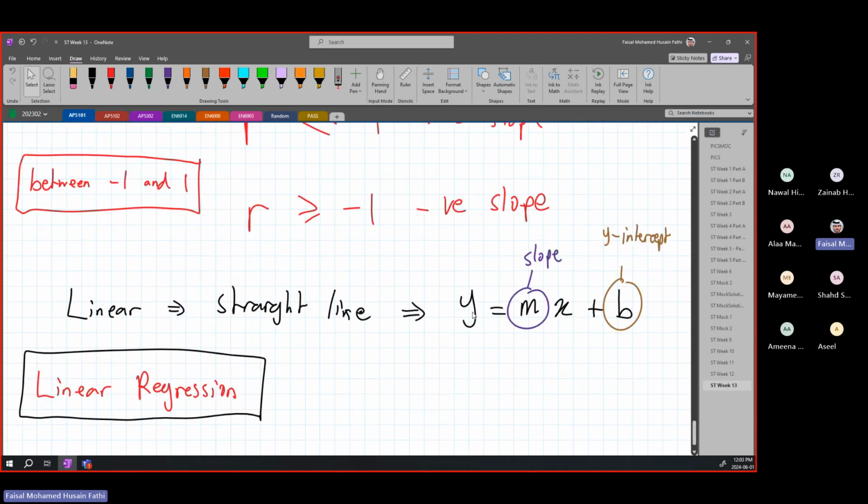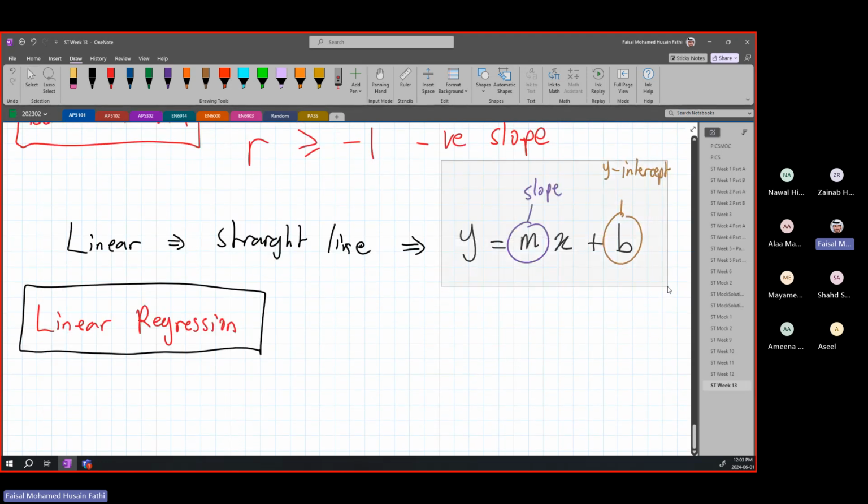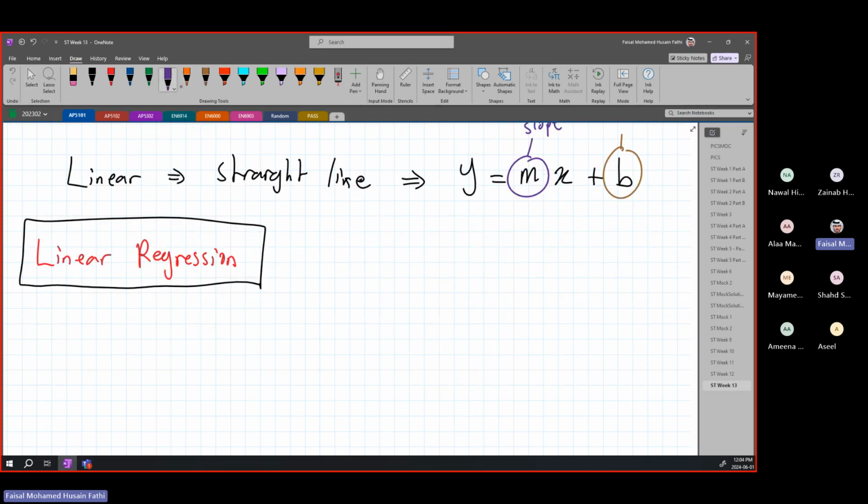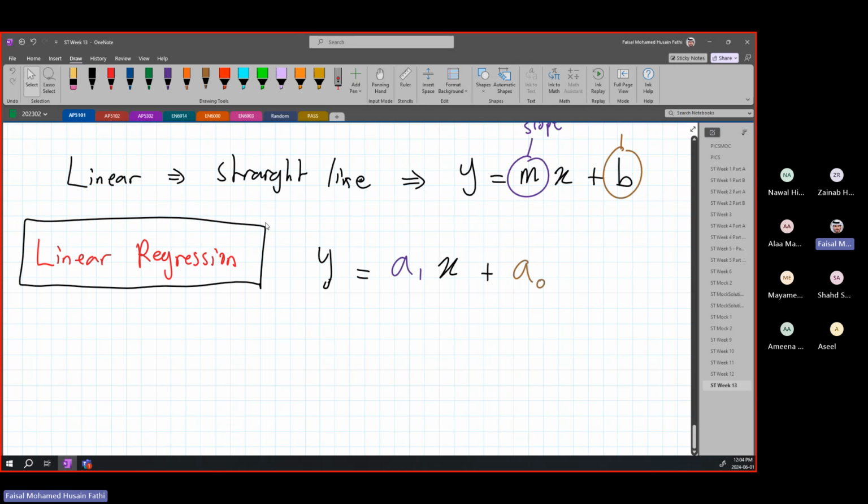And like I said, linear, meaning straight line, means we're going to be applying the straight line equation, which is y is equal to mx plus b. For the regression, linear regression, it is y is equal to the slope, they usually call it a1, times x, plus the b, they usually call it a0, or the intercept here, basically.